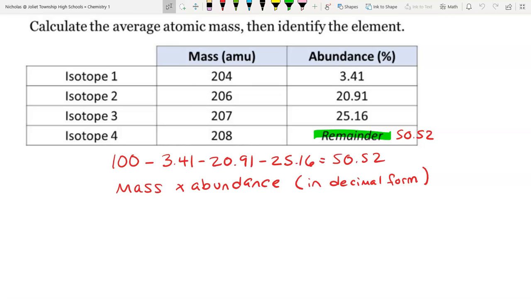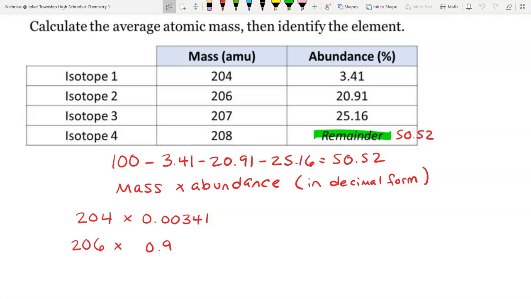So for the first one, for isotope number 1, we have a mass of 204. I'm going to multiply that by the abundance in decimal form, which is 0.00341. For the second one, it's going to be 206 times 20.91.